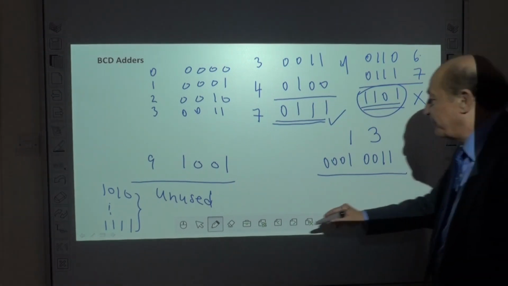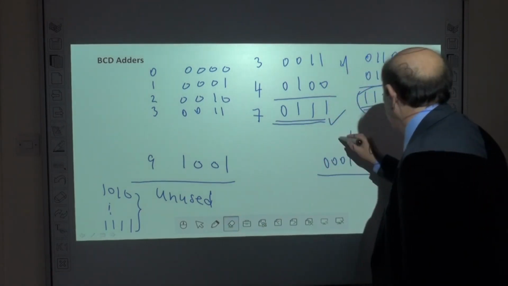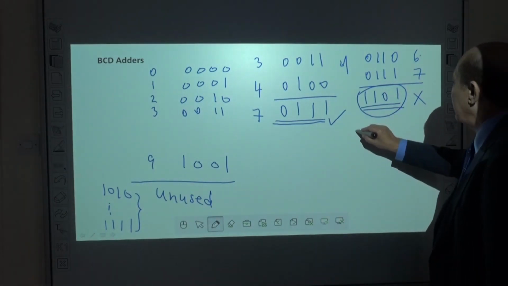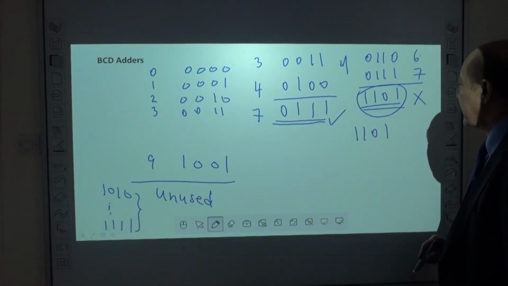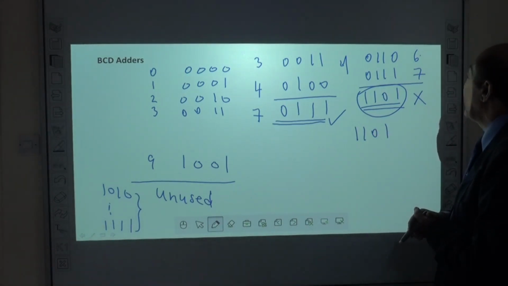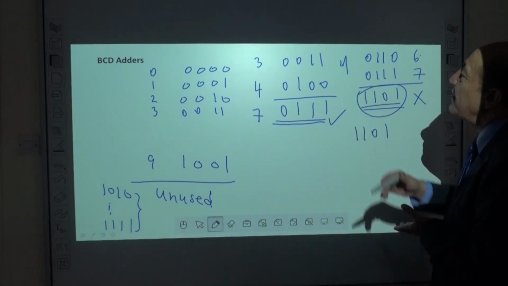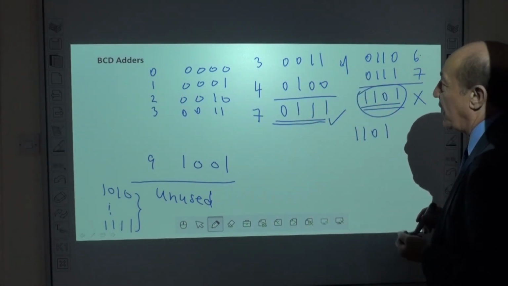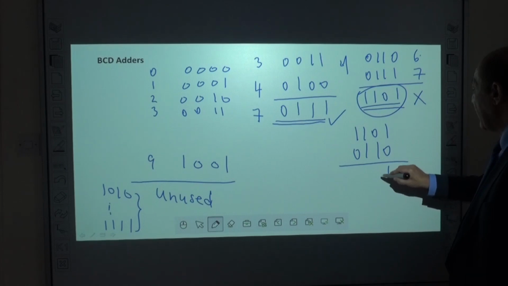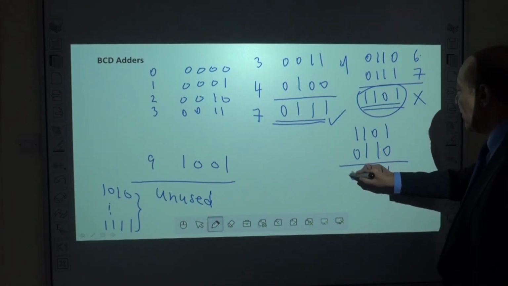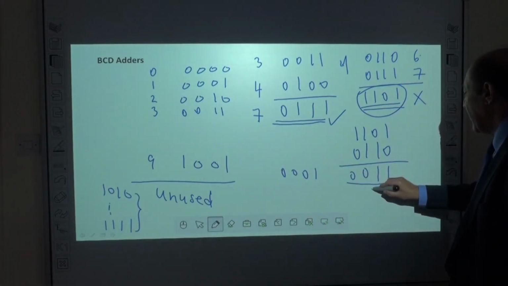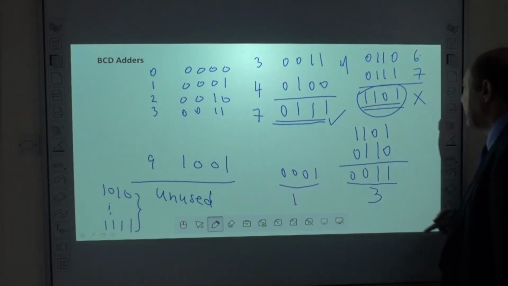Adjusting the result, we need to add to the result 6. This is the difference between 16 and 10, since 4 bits represent 16 cases and the decimal digits are 10. So if we add 6 to the result, 1100 with carry 1. Now everything is okay. We have a 3 here and we have 1 here.